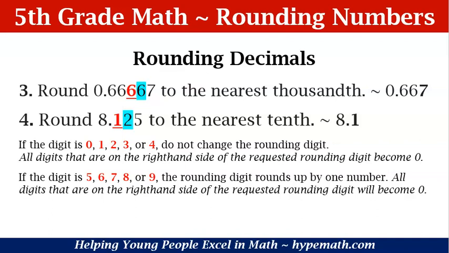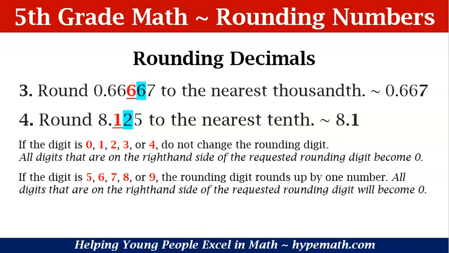Because the 6 is 5 or more, the rounding digit, which is our 6, rounds up, and everything else to the right of it is 0, or it's not a part of the number anymore. So our answer is 0.667.